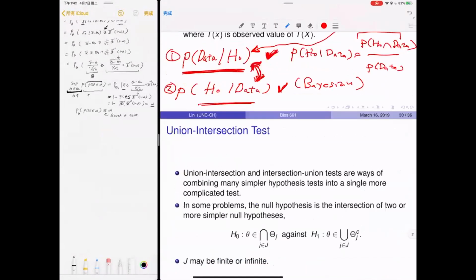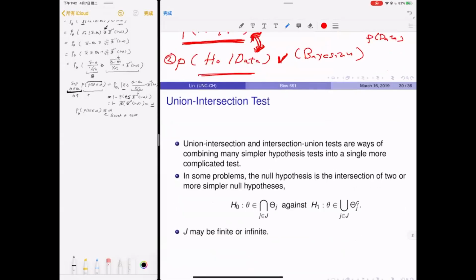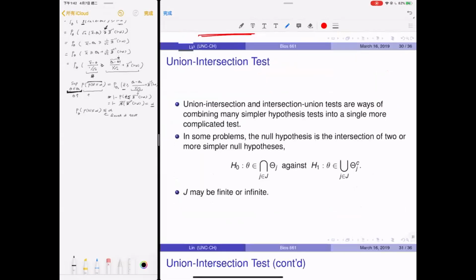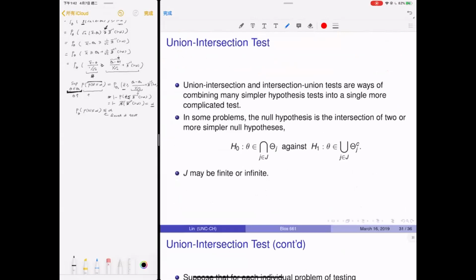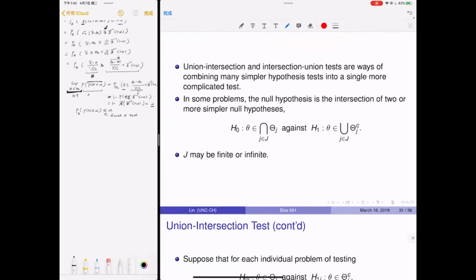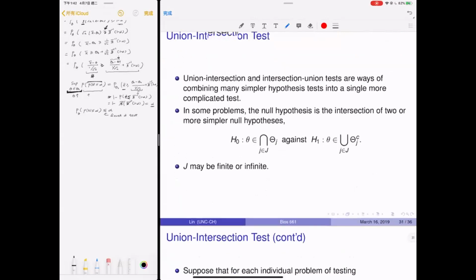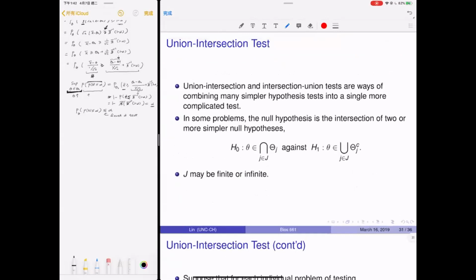Up to this stage, the two camps still fight, Bayesian versus frequentist, but either way, it's statistics. That's all I want to say.